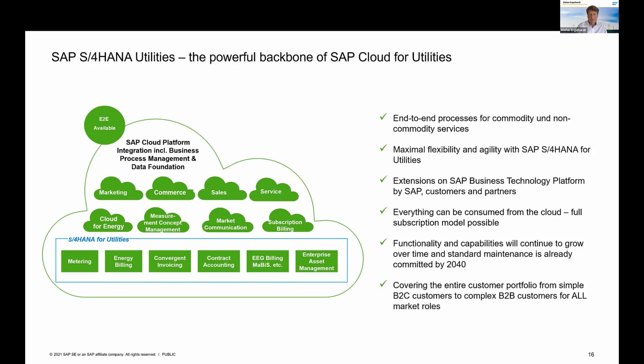So the connection of S/4HANA utilities, for instance, to marketing, to commerce, to sales is directly supported by that, and so works in the cloud and as well in the on-premise suite.